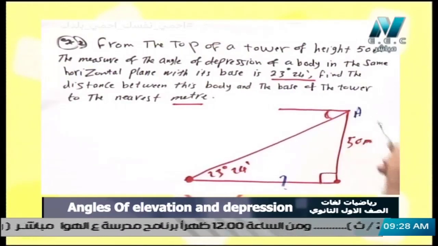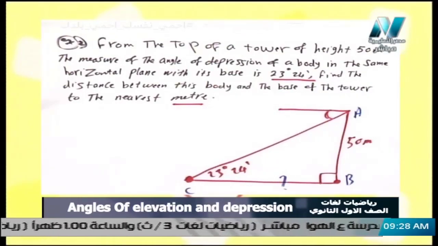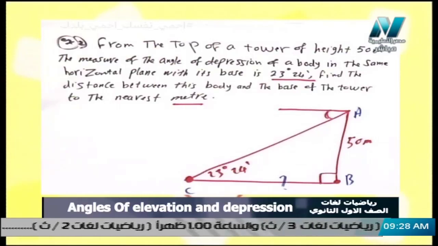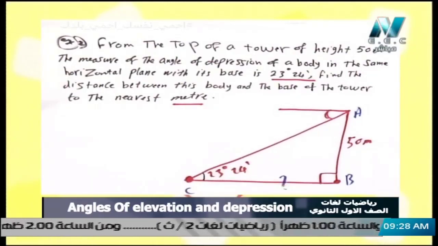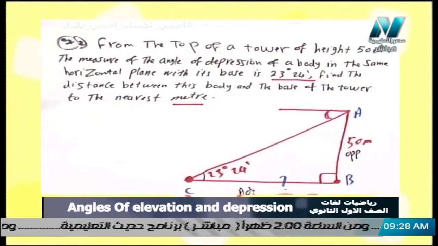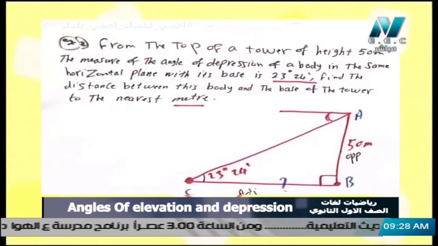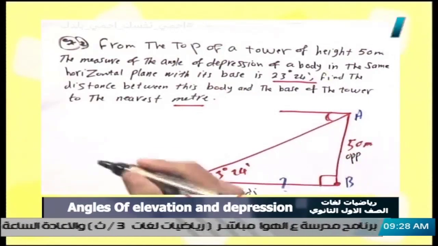Suppose that it is A, B, and C. To find the length CB, we have this angle. This is the opposite, and this is the adjacent. And we know that the trig function which deals with opposite and adjacent is tan.